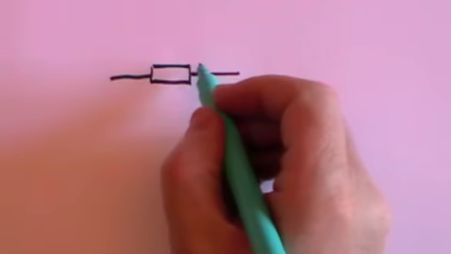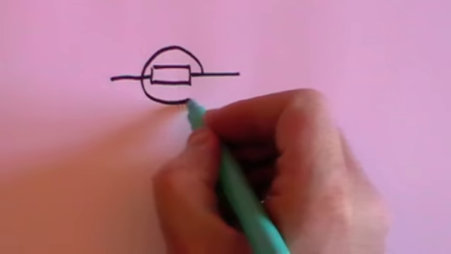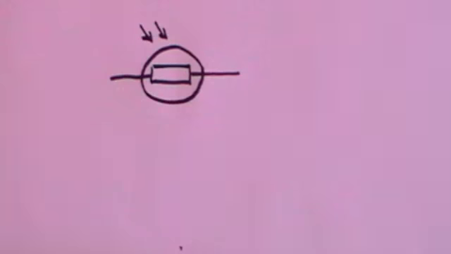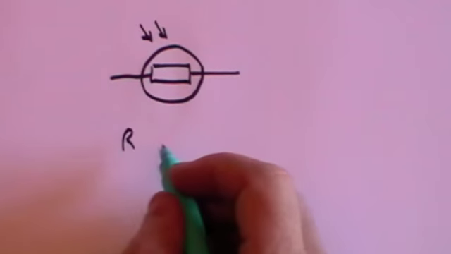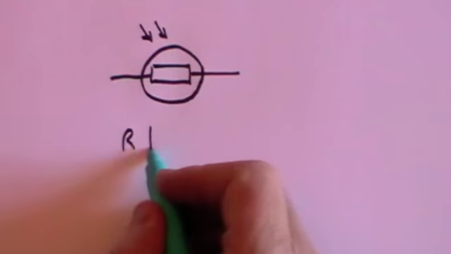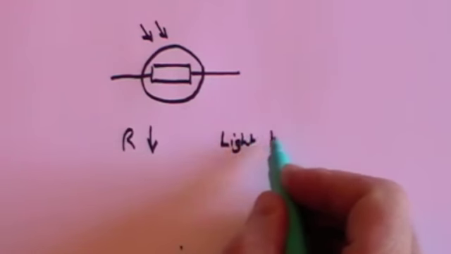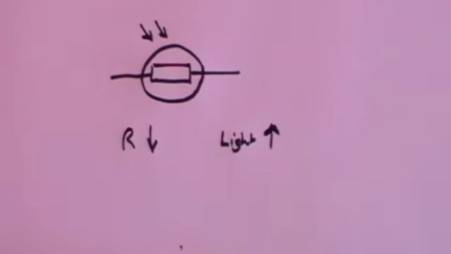Finally, let me tell you about the light dependent resistor. This is a resistor whose symbol looks something like this. This time the light is coming in. And the point about a light dependent resistor is the way it usually works is that the resistance will decrease as the amount of light increases. So this can be used to switch on a light when it gets dark.